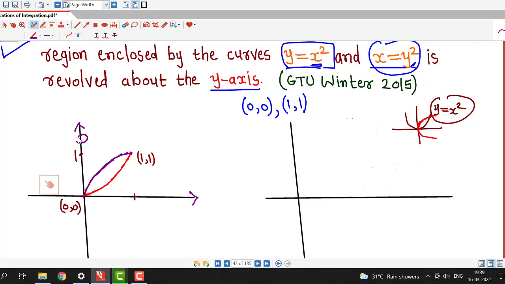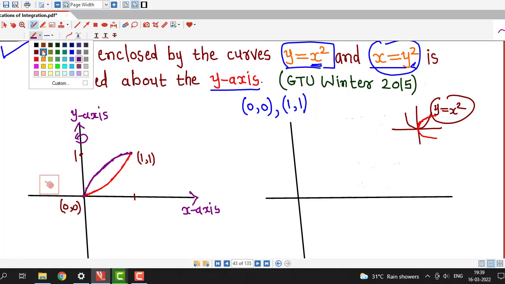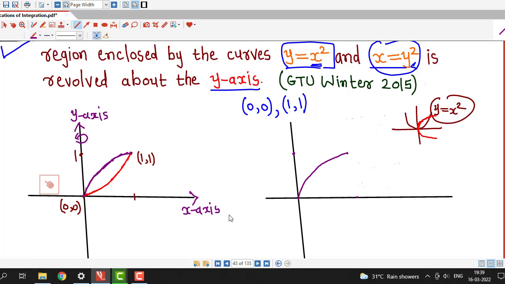Here the axis of rotation is the y-axis. So we try to imagine the solid generated by rotating this plane region about the y-axis, and for that we consider that much distance as 1, and here we have this parabola.